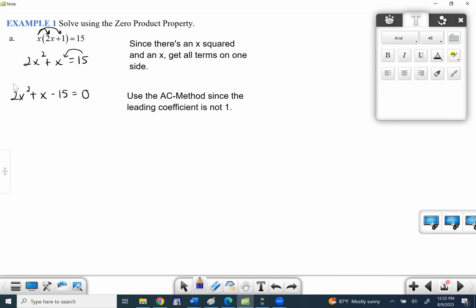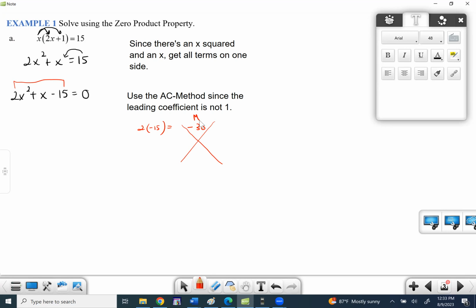Now, what you're going to do is multiply A times C. So I'm going to do this in red so it pops a little bit. So we're going to take A and multiply it by C. So 2 times negative 15 is going to give us negative 30. Okay, so we're going to put that into the little X. And that's what we want.